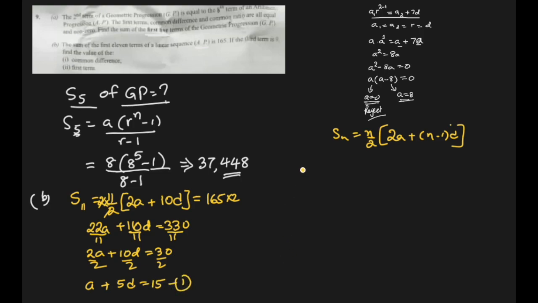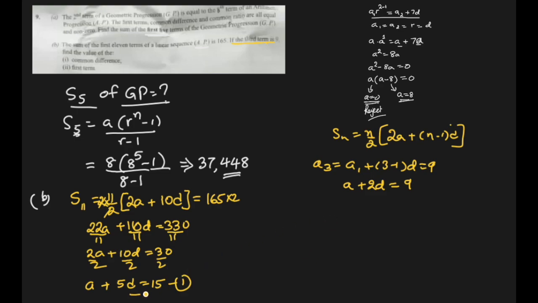Okay, what about the second statement? The second statement says that the third term is 9. So a3 will be the first term plus 3 minus 1 d, and it is equal to 9. So let's call it a1 plus 2d equal to 9.